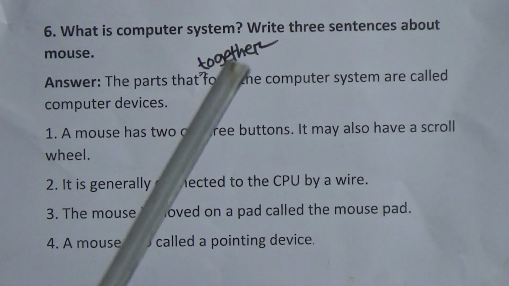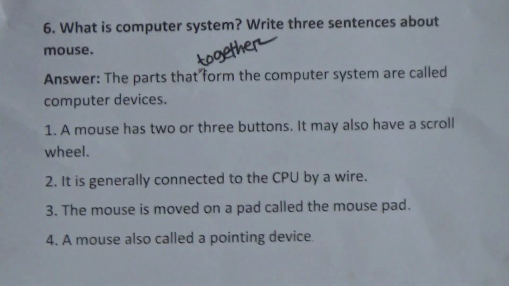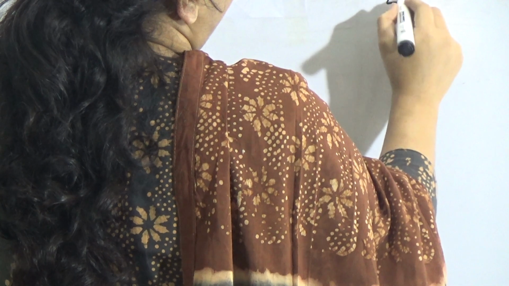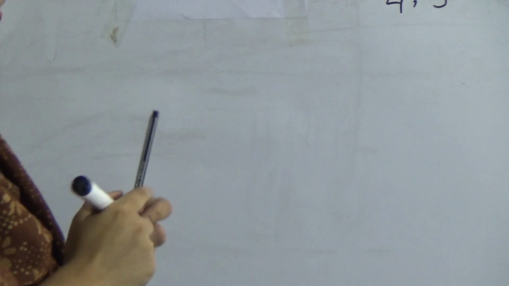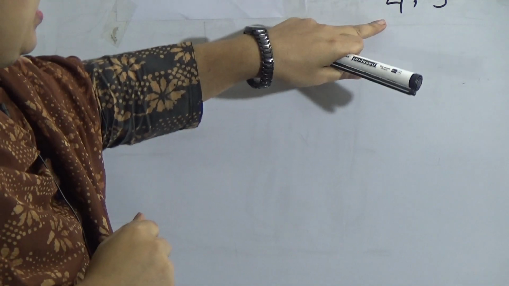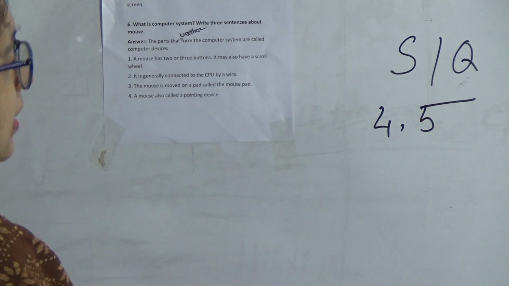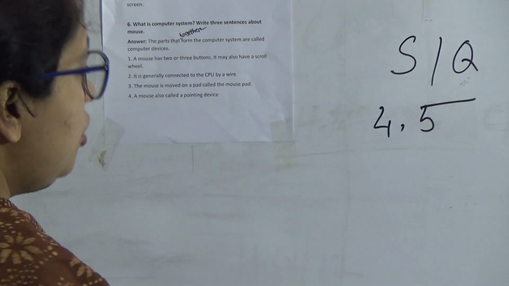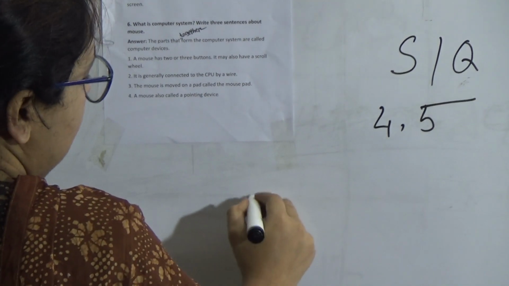So, your homework will be short question 4 and 5. In our previous class, I provided short questions 3 and 4, and from there you have to submit your homework, question number 4 and 5. Question number 4, I write again.